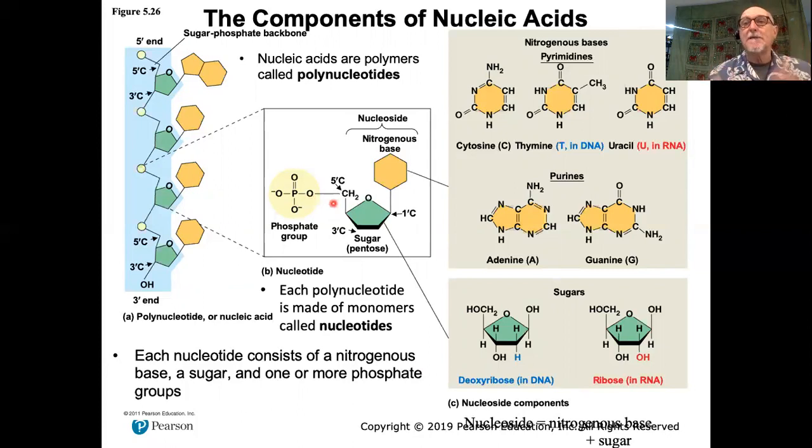Nucleotides have 3 phosphates attached to them. Wait a minute. What if this nitrogenous base here is adenine? Adenine triphosphate. Whoa. ATP. ATP is actually a nucleotide.